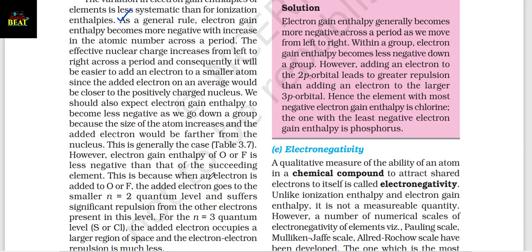The effective nuclear charge increases from left to right across a period, and consequently it will be easier to add an electron to a smaller atom, since the added electron on an average would be closer to the positively charged nucleus. We should also expect electron gain enthalpy to become less negative as we go down a group, because the size of the atom increases and the added electron would be farther from the nucleus.